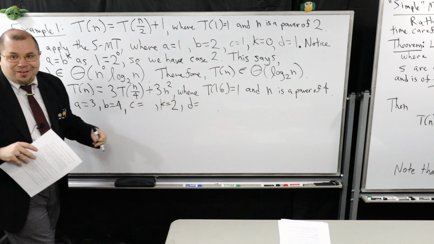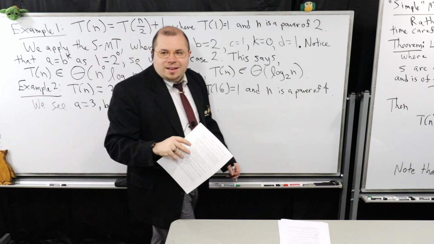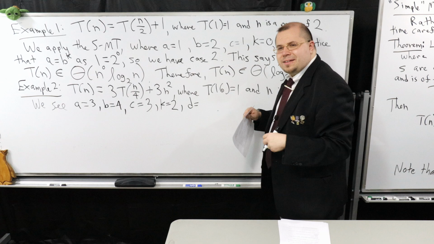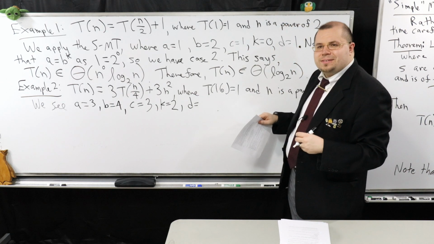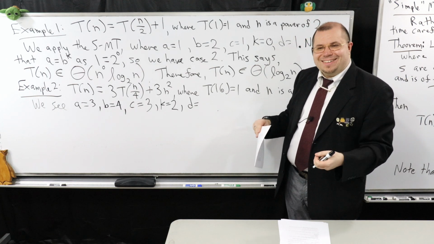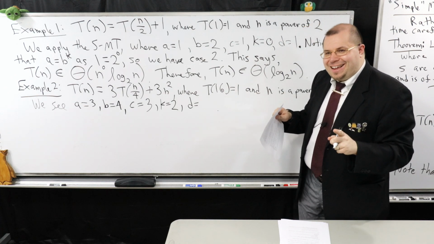Because it's n squared. Yeah, C is 3, very good. And then we had K is 2, and D is what? What's D? This one's an easy one. I know you guys got this. It's a piece of cake.